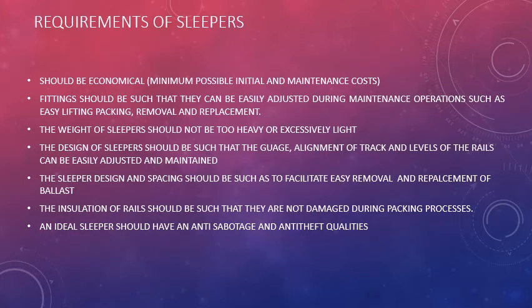Then these materials must meet certain requirements. Then only we can consider those materials as a good sleeper. So what are the requirements of a good sleeper? The first point is it should be economical, minimum possible initial and maintenance cost. The fittings should be such that they can be easily adjusted during maintenance operations, such as easy lifting, packing, removal and replacement.